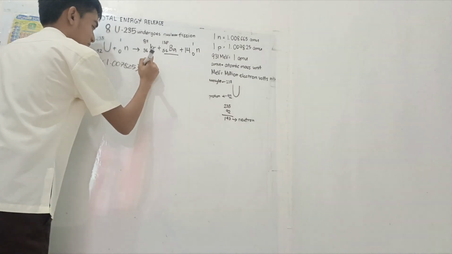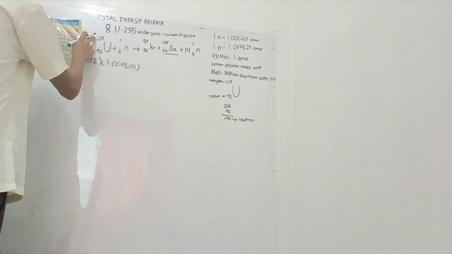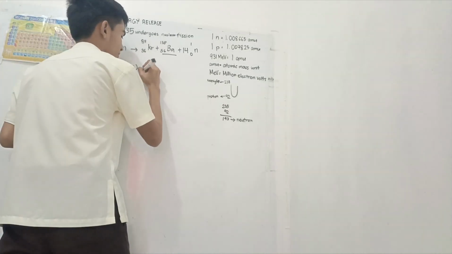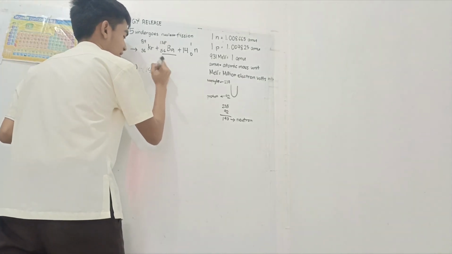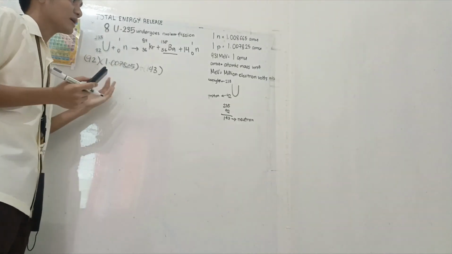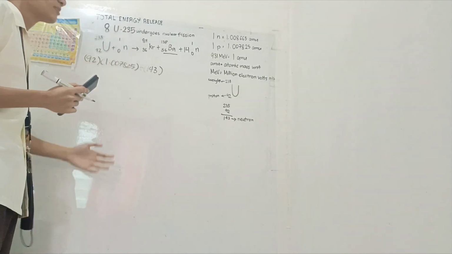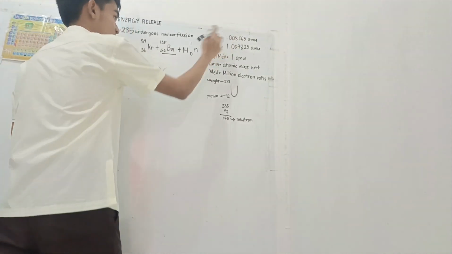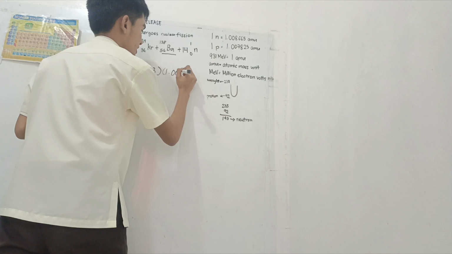Now, tulad ng sinabi ko, 235 minus 92 is 143. So, yun yung gagamitin natin dito. So, bakit nga ba 143? Pag pinag-minus natin yung atomic weight sa number of protons, makukuha natin yung number of neutrons ng isotope na yun. So, times, conversion nito is 1.008665.